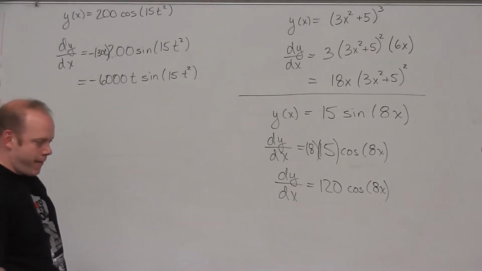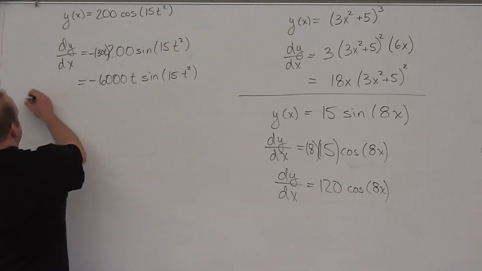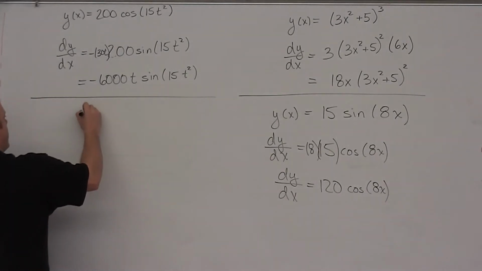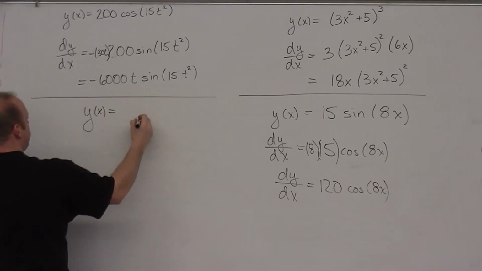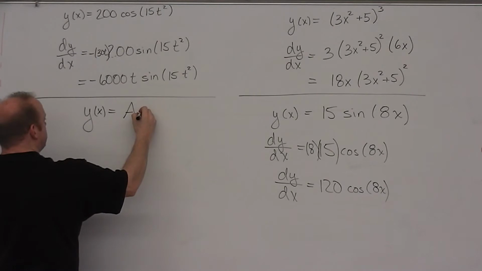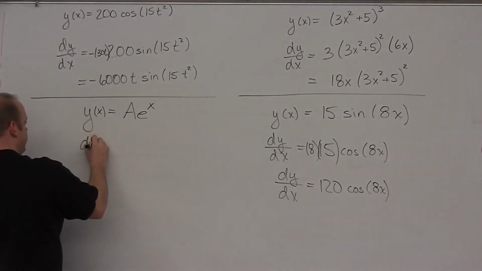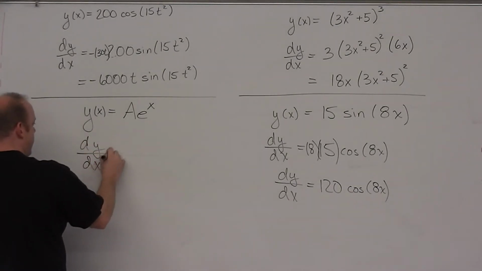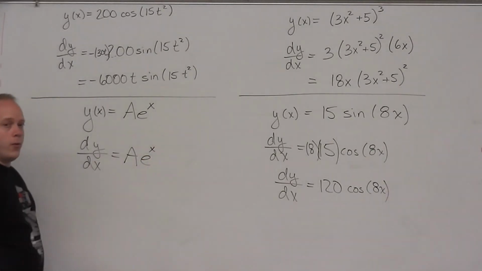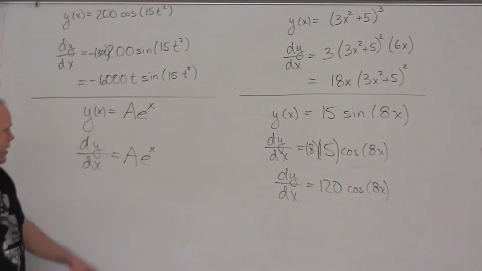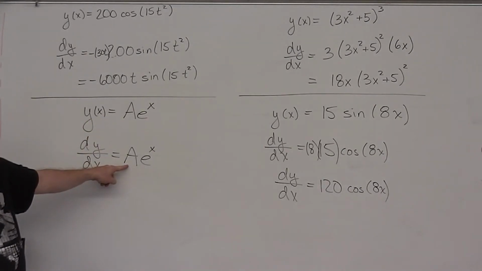Now, let's take a look at exponentials. This is really easy. y of x is equal to a e to the x. The derivative is a e to the x. Nice. The derivative of this is itself.